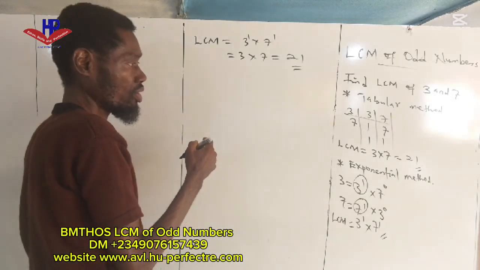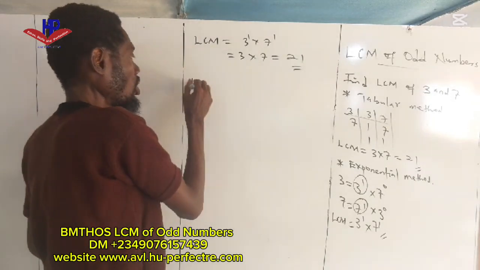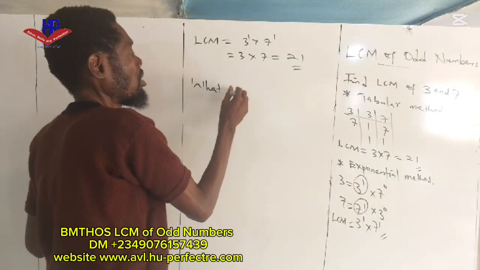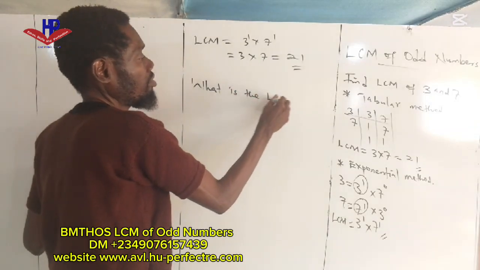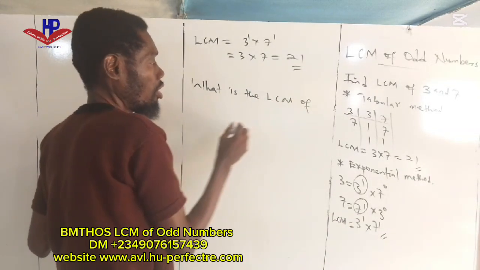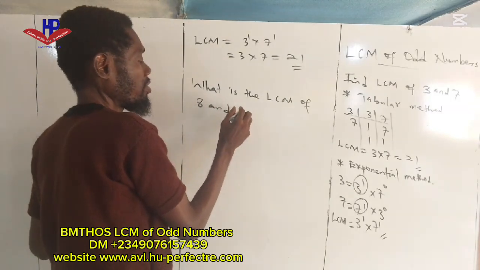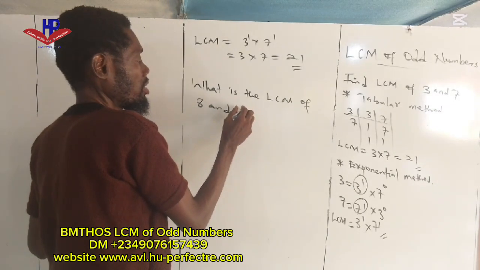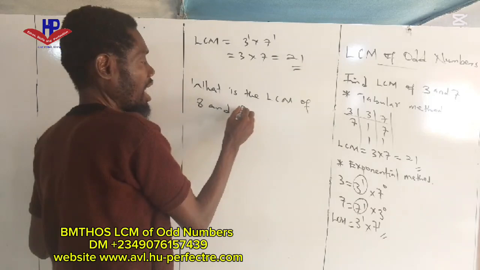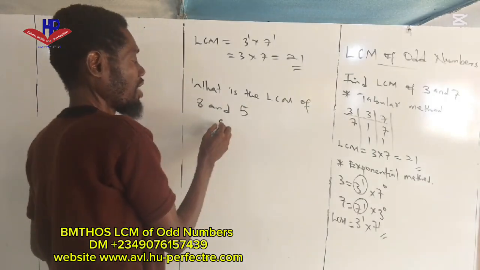For odd numbers, what is the LCM of 8 and 5?